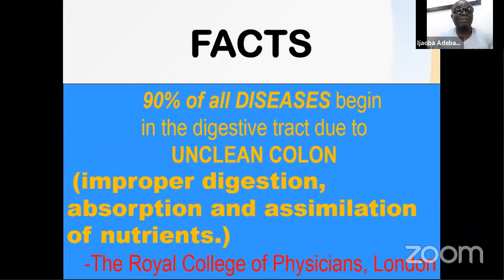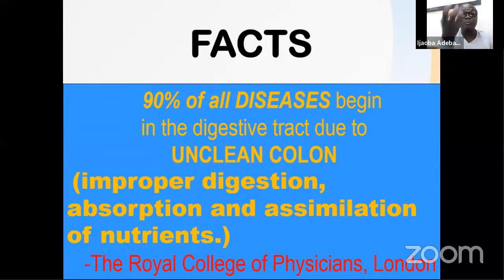Again, what brings about unclean colon? Poor absorption, because the lining of the colon is clogged with saturated fats, with a whole lot of toxin, and your body is not absorbing. Where is the large colon? We are looking at the villi, where people call the towel, the shaki, as the name implies.